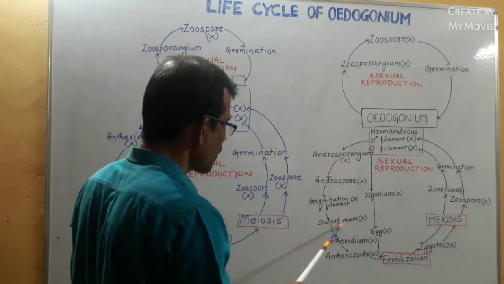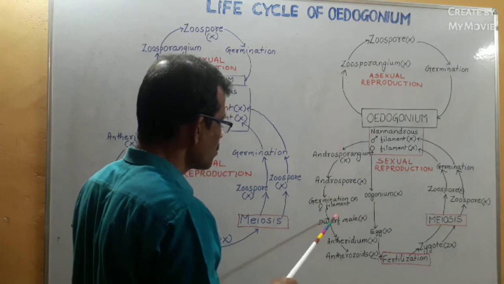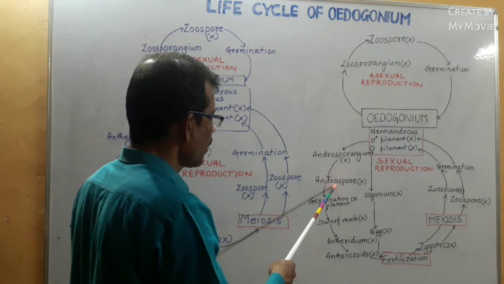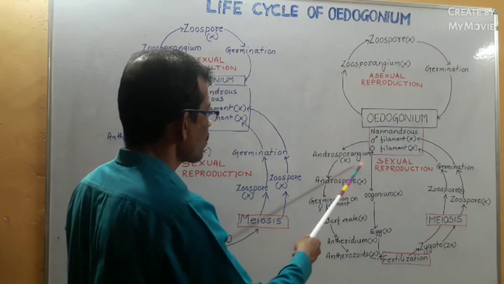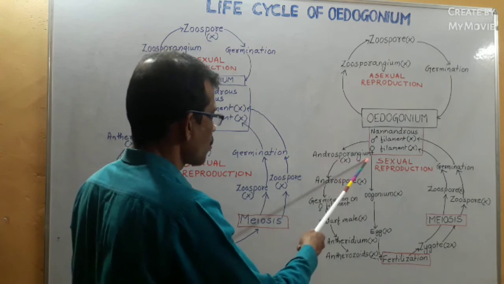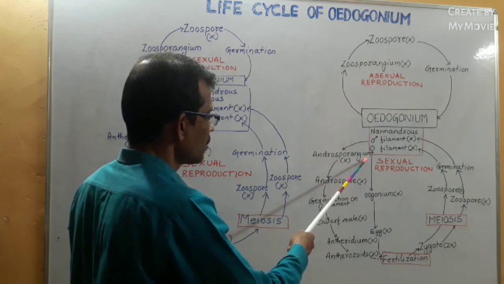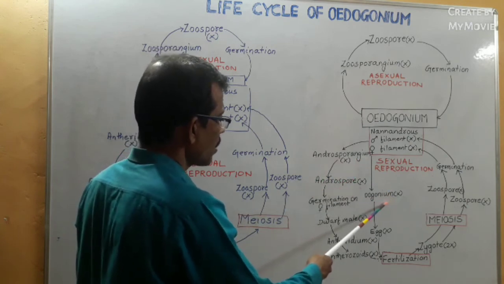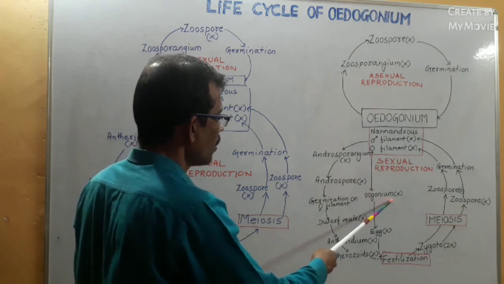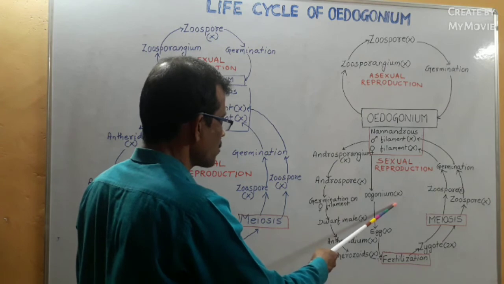This dwarf male arises due to the germination of androspore. And androspore is formed within specialized structure known as androsporangium, whereas the female sex organ is oogonium, and the development of oogonium is like other species.